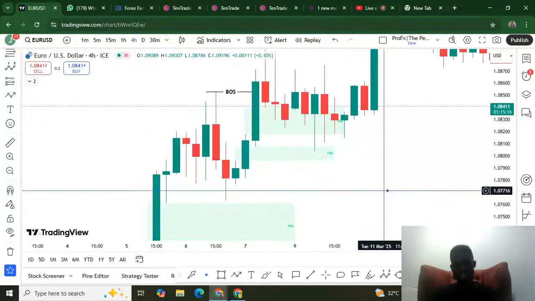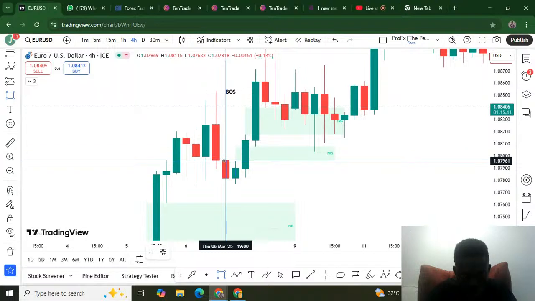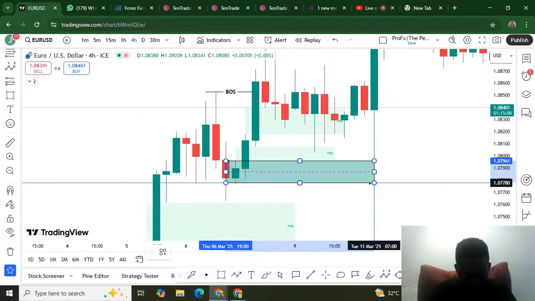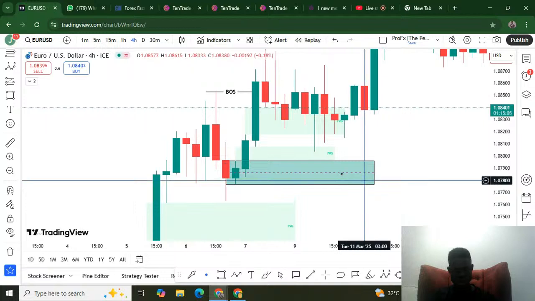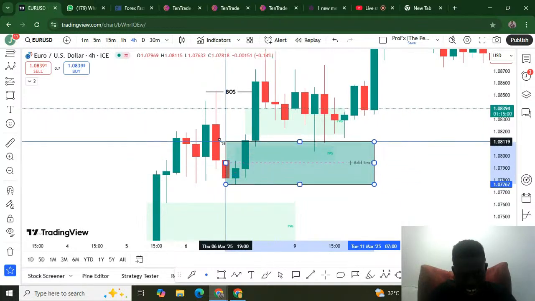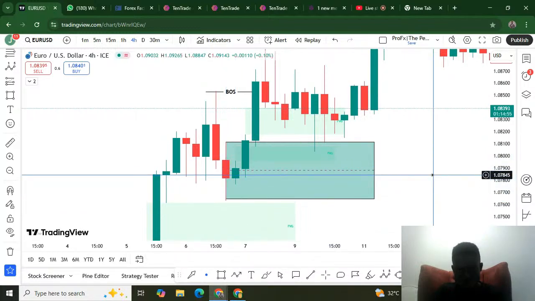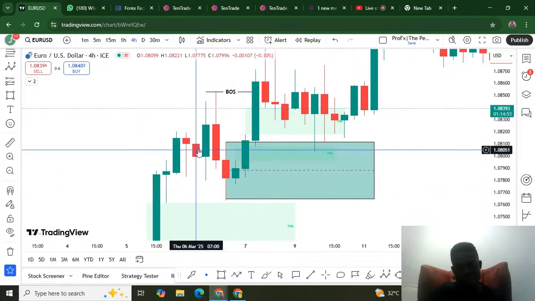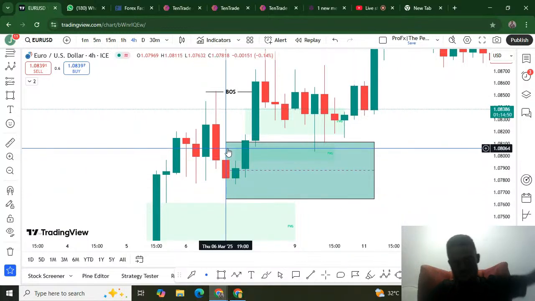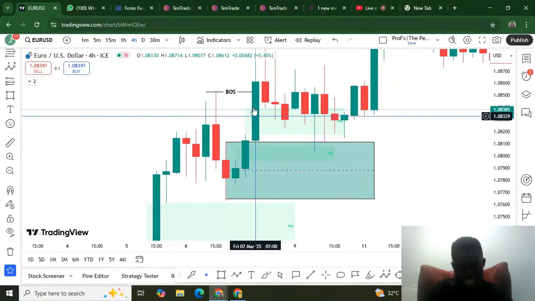Some school of thought says you should mark out the base alone as the demand zone, while some school of thought says you should mark out the last red candle before the base. You have two different schools of thought. The first says mark out the red candles before the green candles.